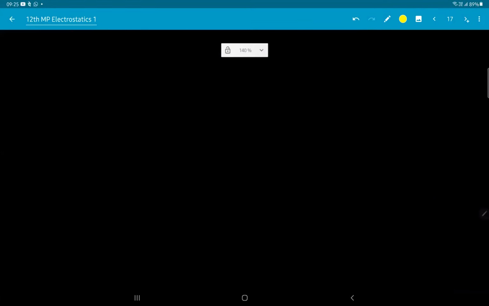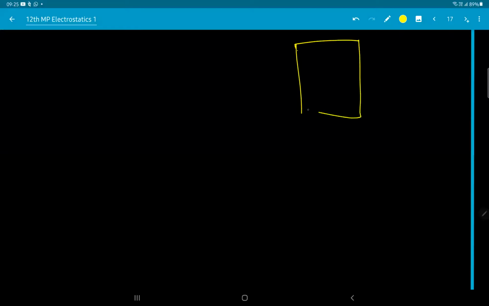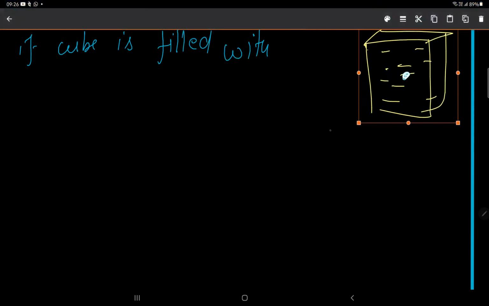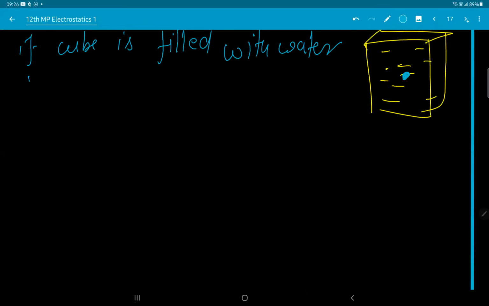Now see, you are asked to calculate charge and the effect on electric flux when cube is filled with water. Suppose the cube is filled with water and charge is at center. Tell me what is the actual formula of flux.